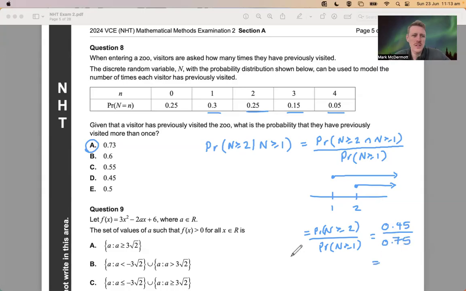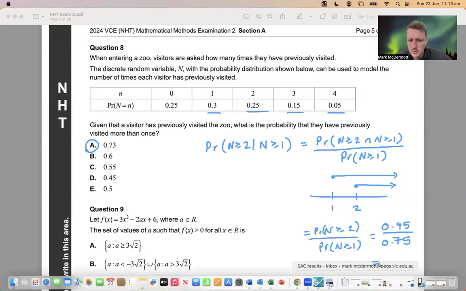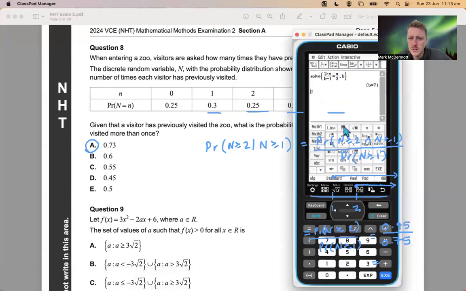Go to your calculator and see if you can work it out. 0.45 divided by 0.75. It's 3/5, which is 0.6. Why did I get something different before?